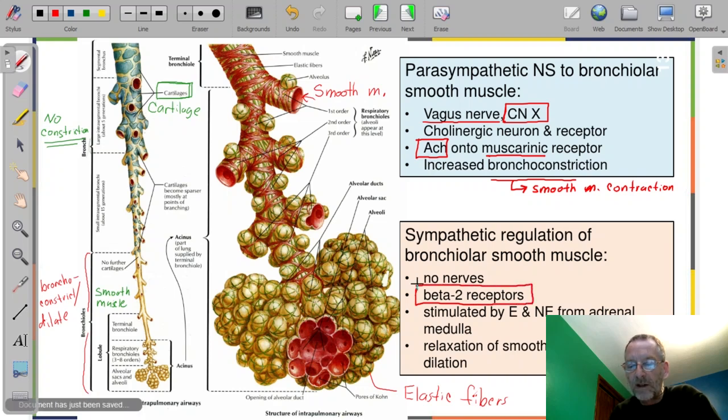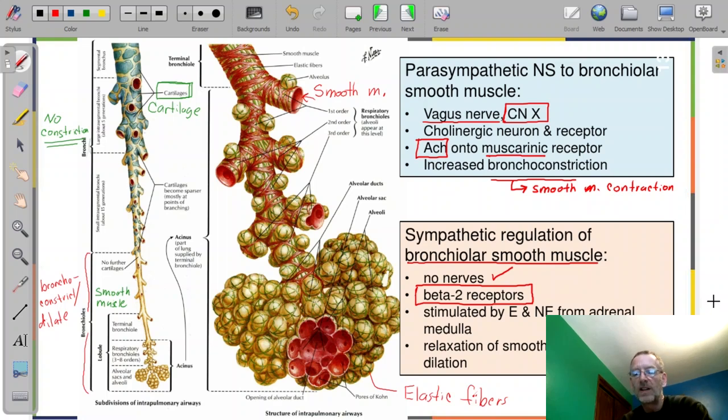Specifically, those beta-2 receptors are on the bronchiolar smooth muscle in the lungs. Now, there are no nerves to those receptors. There are nerves to the muscarinic receptor, the parasympathetic, but the sympathetic doesn't innervate beta-2 receptors. The sympathetic nervous system innervates beta-1s, and sympathetic innervates alpha receptors, but not beta-2 receptors.